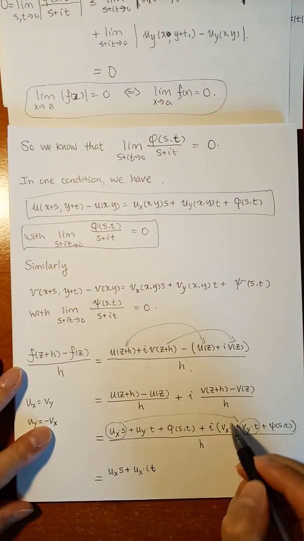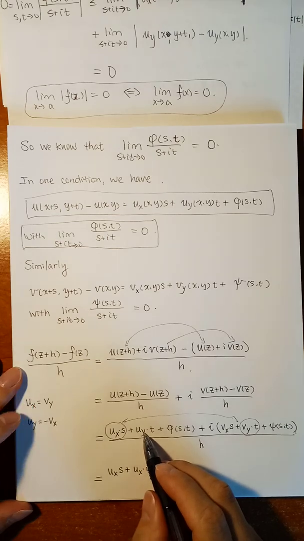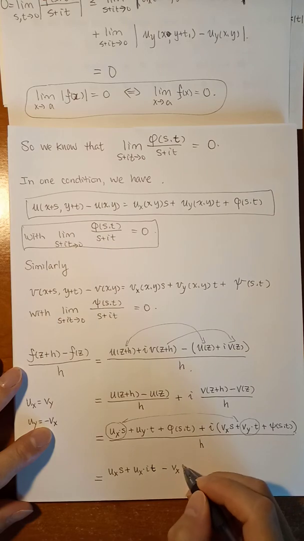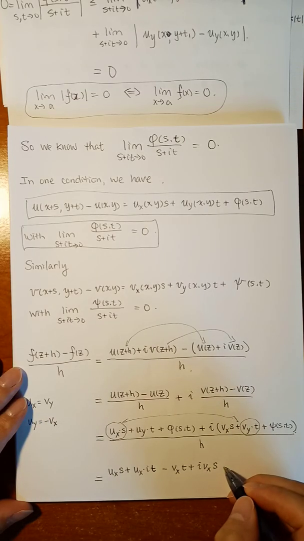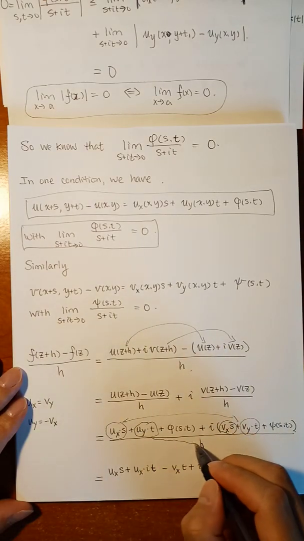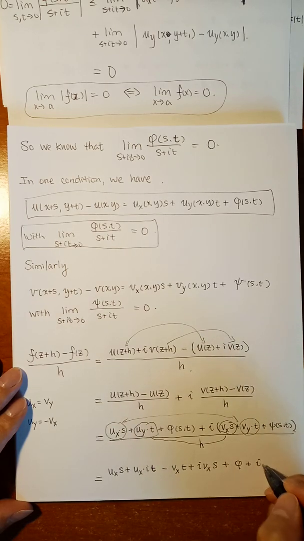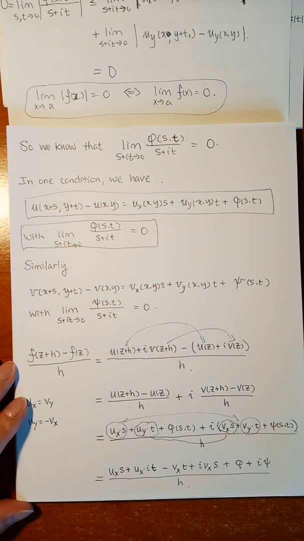These two terms, we put them together. There's i, so it's i times t. And the other one, u_y is negative v_x, so minus v_x t. Then there's plus i v_x s, and these two. And the rest of them, we just copy: phi plus i psi over h.